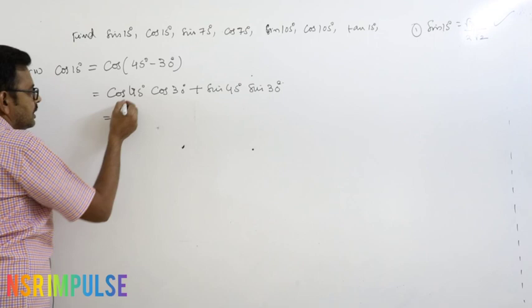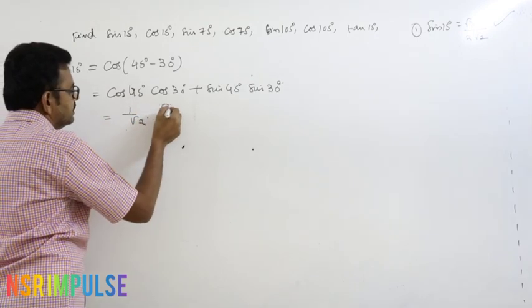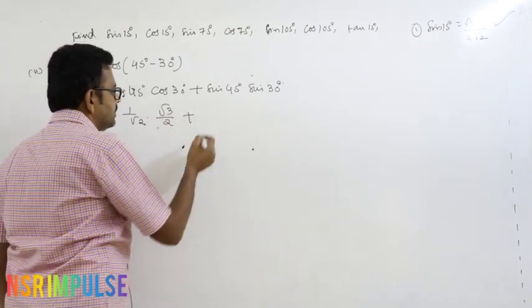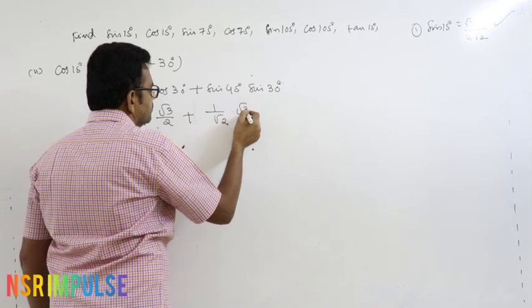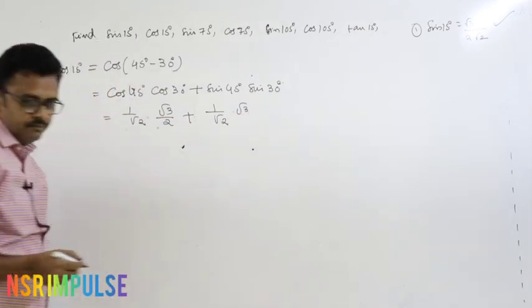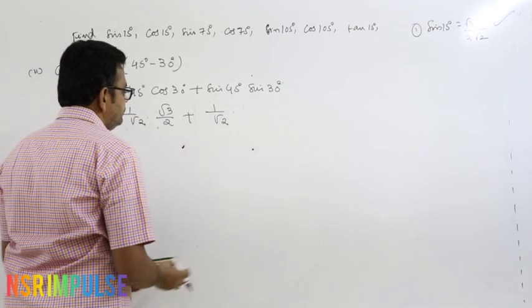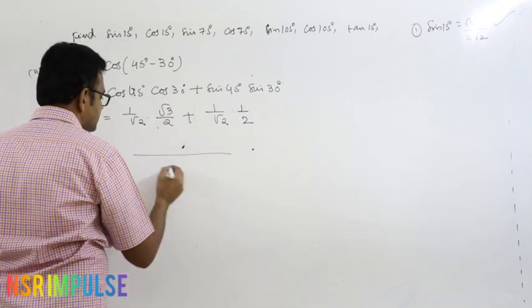Cos 45 is 1 by root 2, cos 30 is root 3 by 2, plus sin 45 is 1 by root 2, sin 30 is 1 by 2. Now the LCM is 2 root 2.